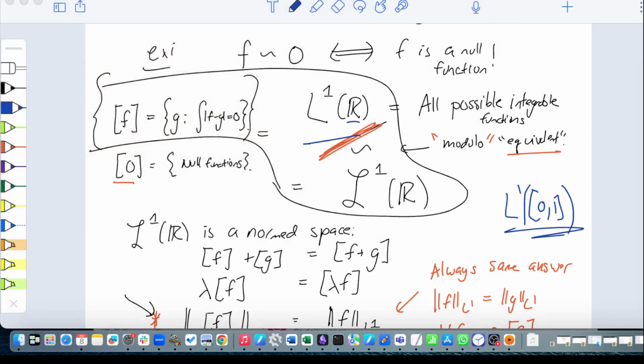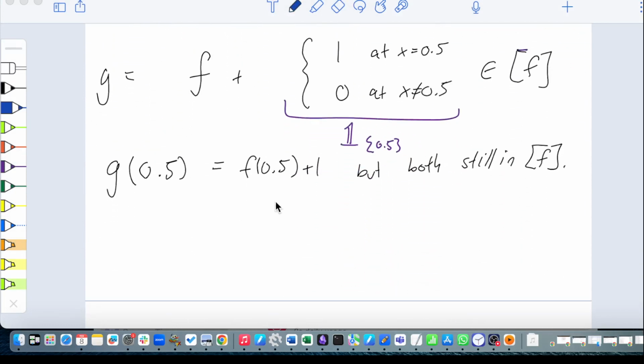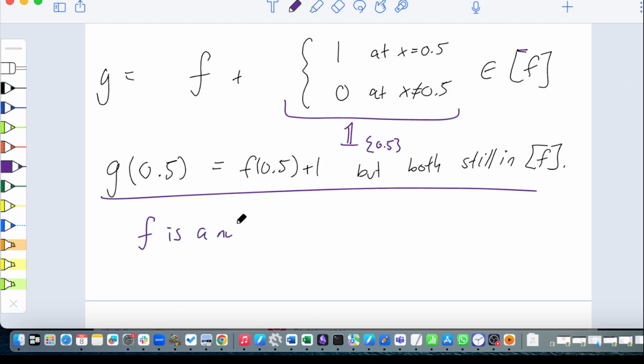We're going to see that f is a null function, and that's the same as f of x equals 0, quote, almost everywhere.